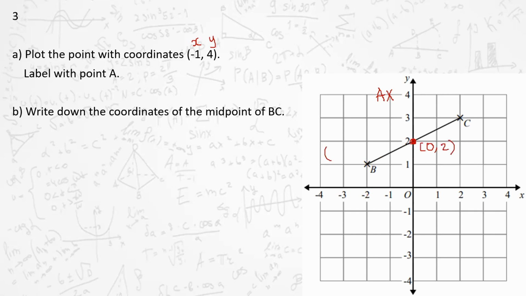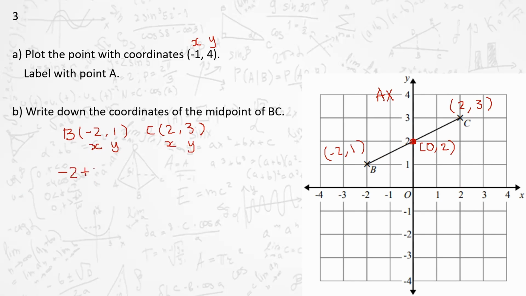So for B, you have a minus 2 as x, 1 as y. For point C, we have 2 as x, 3 as y. Let's do our mathematical verification. So x, y, x, y.